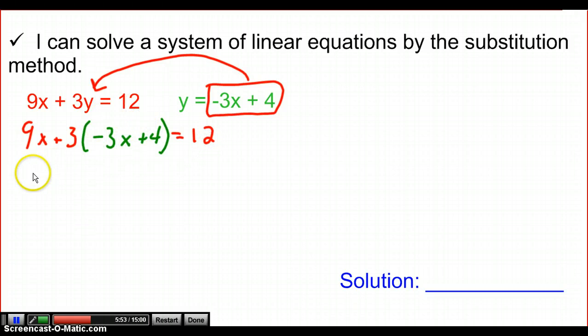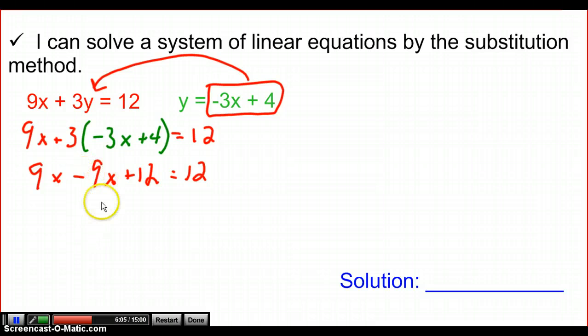If we distribute, 9x minus 9x plus 12 equals 12. The 9x and negative 9x will cancel out, so 12 is equal to 12, and this is a true statement.